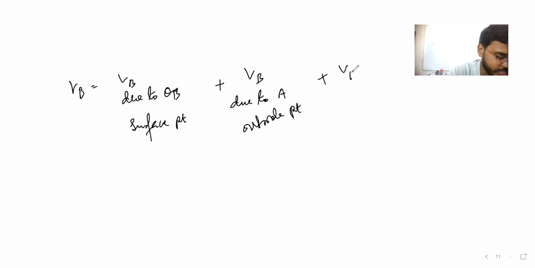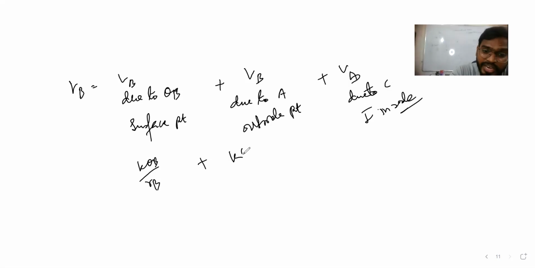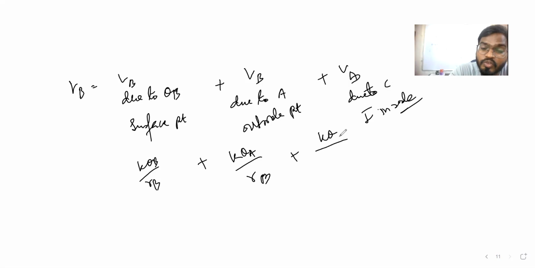Potential at B due to C is an inside point. That's it. Now potential at B, so KQB by RB, and again KQA by RB, and KQC by RC.